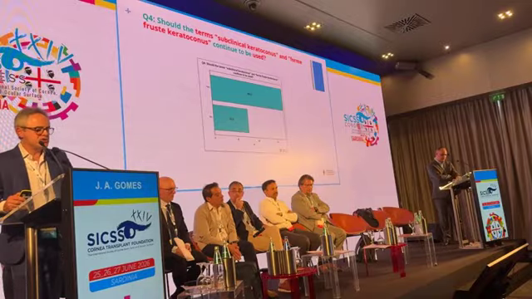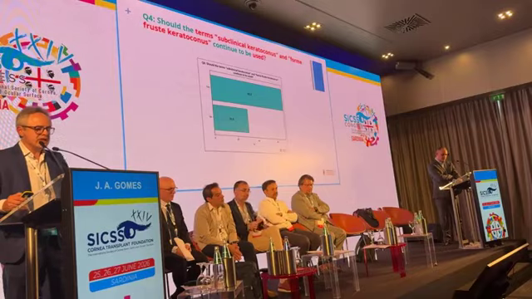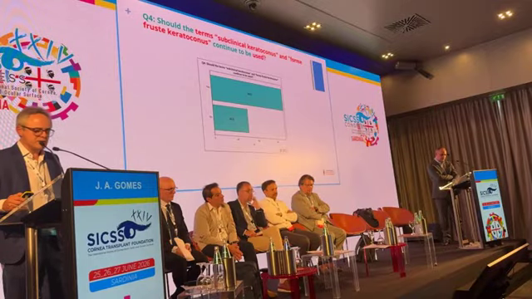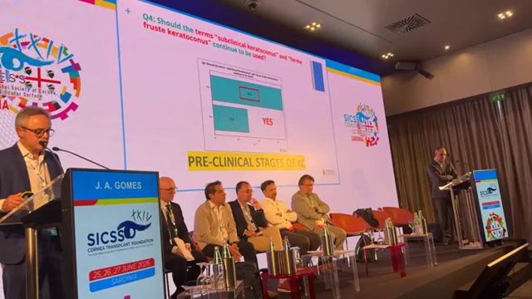Then we asked the panelists if subclinical and forme fruste keratoconus should continue to be used, and most of them agreed that yes, and they should be considered as preclinical stages of keratoconus.